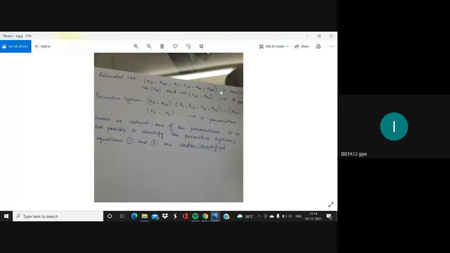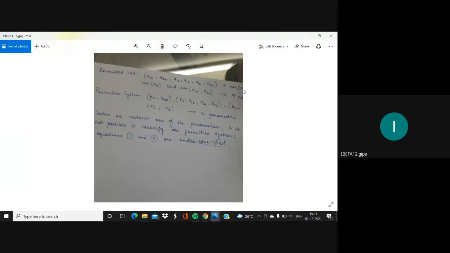So these are the coefficients that you can recover from the estimated VAR model. Then you have the variance of E1t, variance of E2t, and covariance of E1t and E2t. Okay, so if you check how many parameters you have been able to estimate using the VAR model in the standard form, there are 9 such parameters. But if you look at the primitive system now, how many parameters are there in the primitive system?